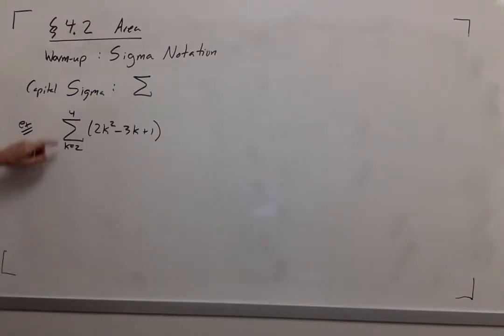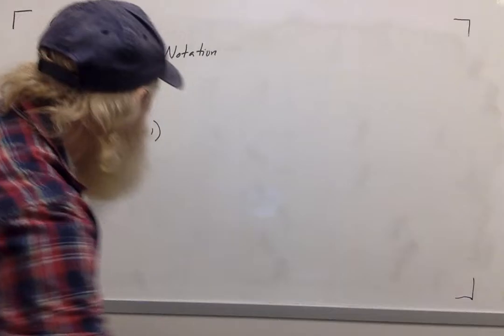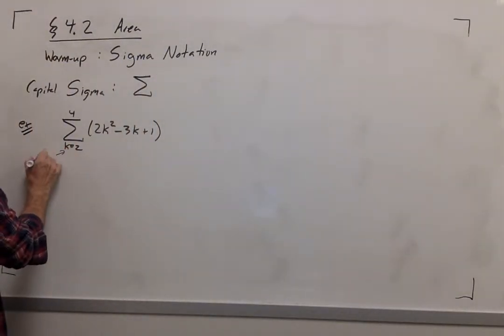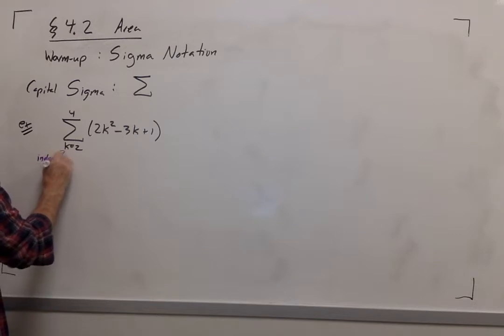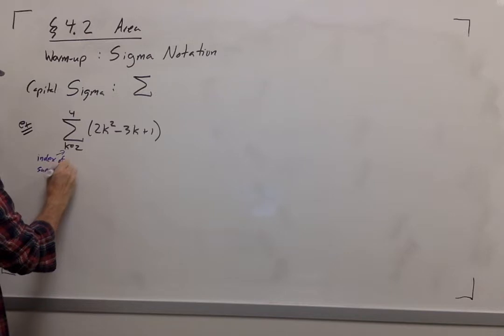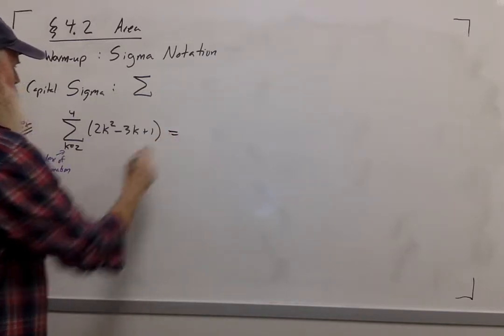So this notation would be read as the sum as k goes from 2 to 4 of 2k squared minus 3k plus 1. This letter k is known as the index of summation. And the way you interpret it is this way.